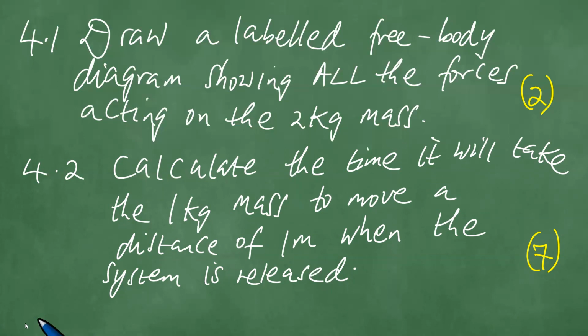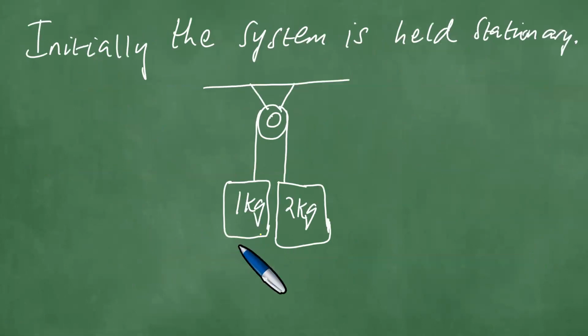Let's see now. When the system is released, because now it's just balanced, but when it's released, we expect it to accelerate. We expect the 2 kg block to accelerate downwards and the 1 kg block upward.